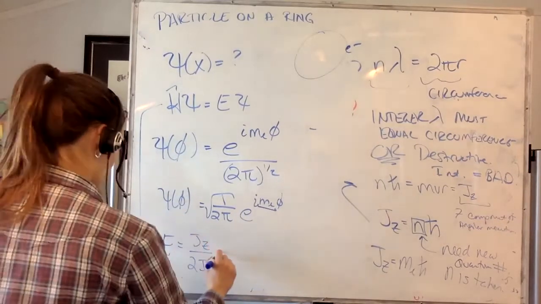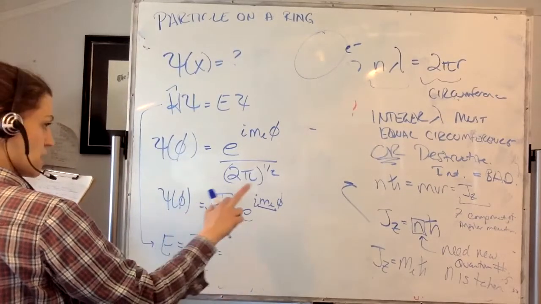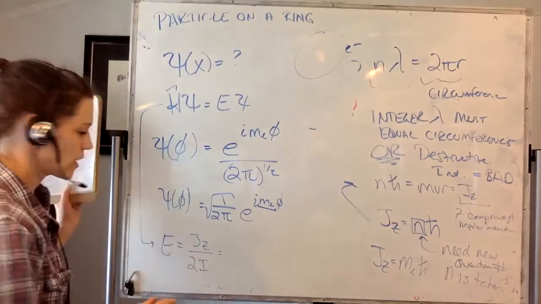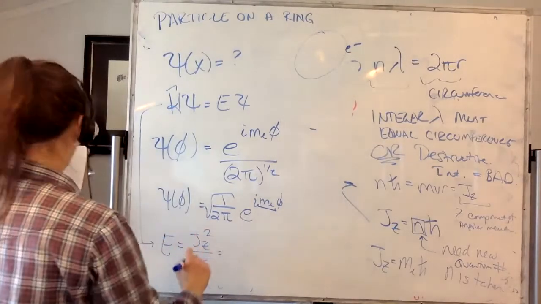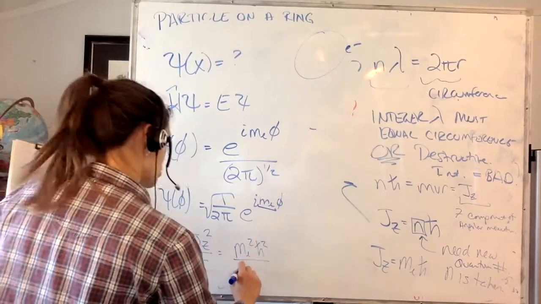I'll tell you what these things are in a little bit. But we know that J sub z is m sub l h bar. And so this, oops, I think this should be squared. There we go. So m sub l squared, h bar squared over 2I.